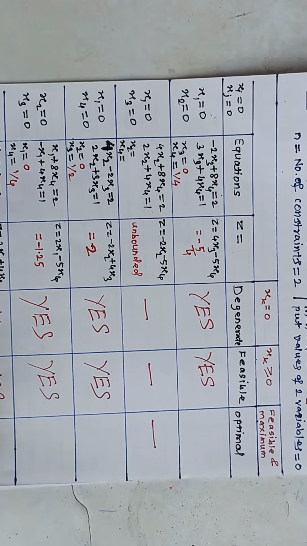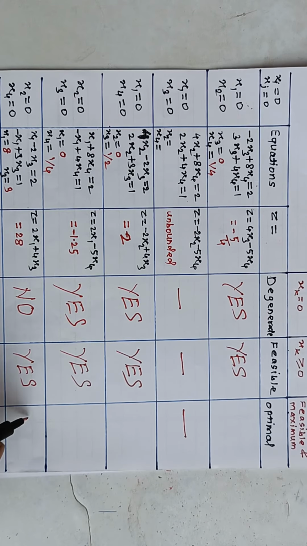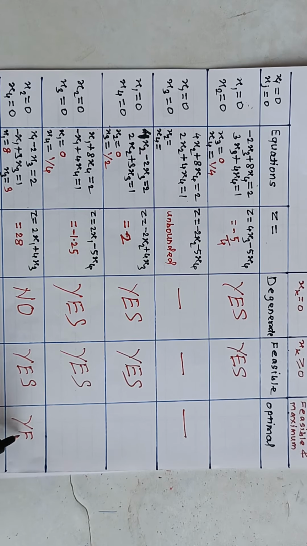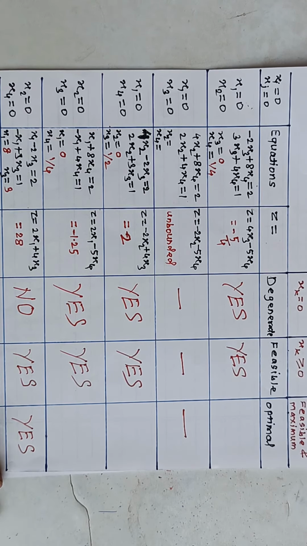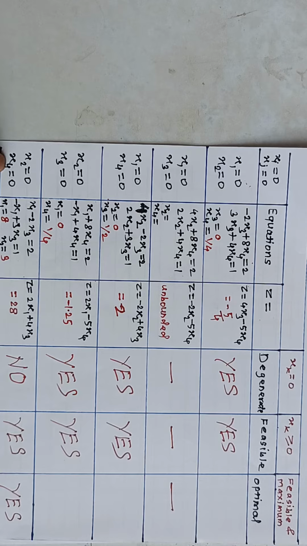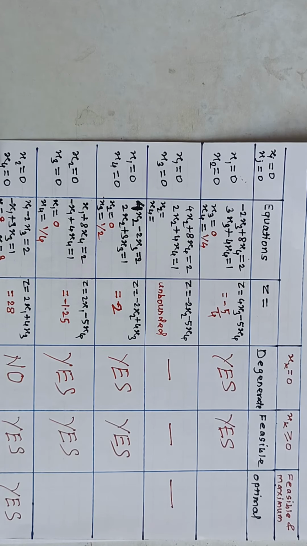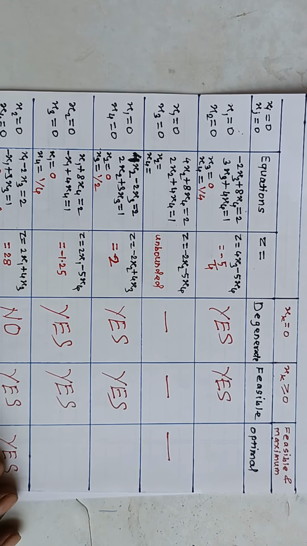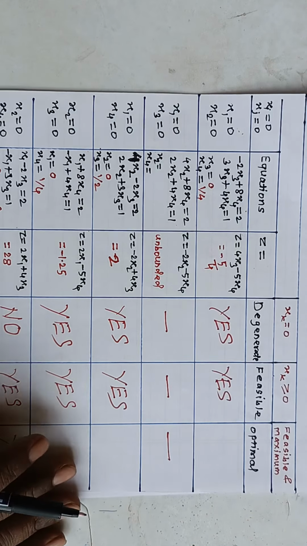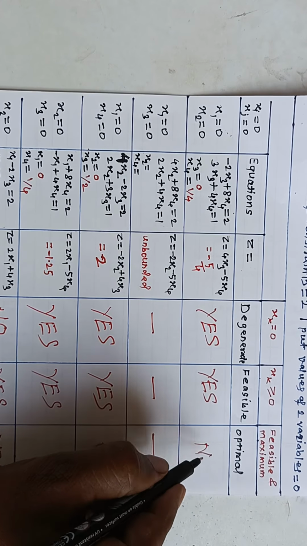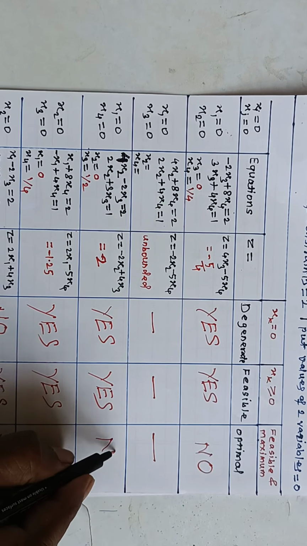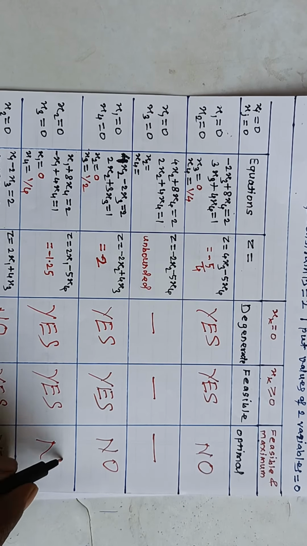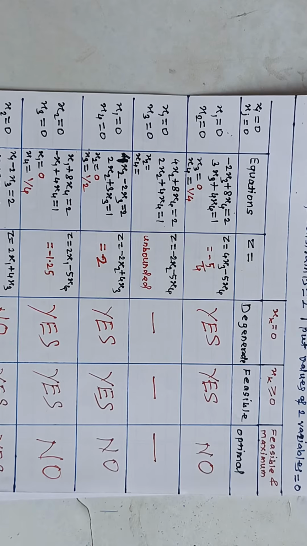So only here you can say yes, it is optimal when x2 is equal to 0 and x4 is equal to 0. Solution is optimal. And everywhere else you can put no.